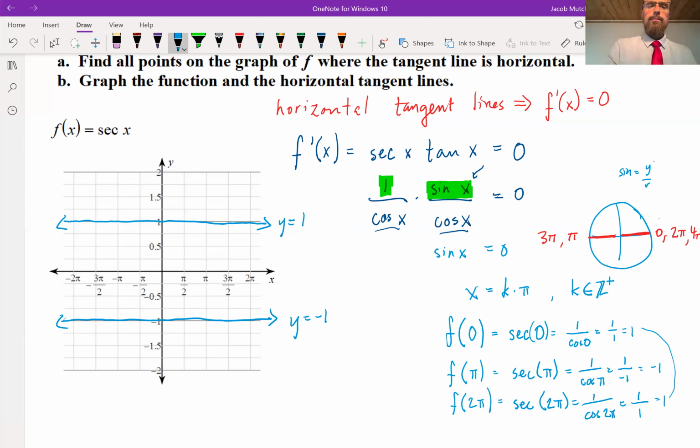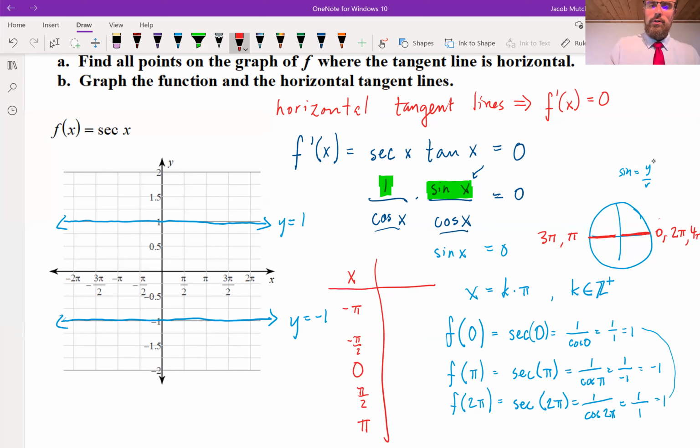where's the function? So let's finalize this question by making a small table for secant of x. And I'm going to use what's on the table to help me decide what x values to use. So 0, negative pi over 2, negative pi, positive pi over 2, positive pi. And here's our function. So it's secant of x.